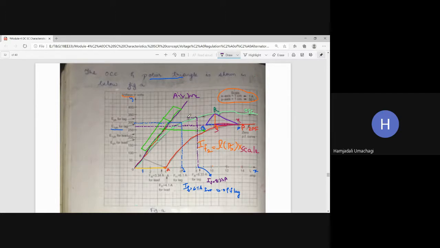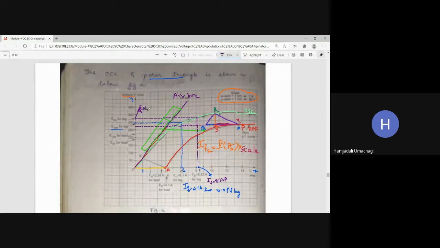From there, read the corresponding voltage. Voltage means y-axis. So this is my EPH value. Here it is 300 and here it is 350. In between 300 and 350, somewhere around 325 or 324. So this is my EPH value.